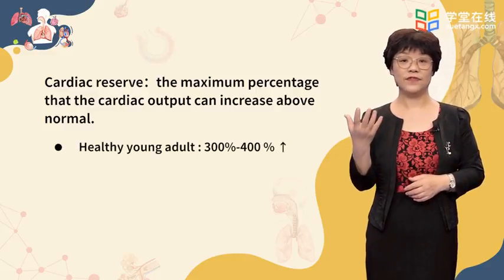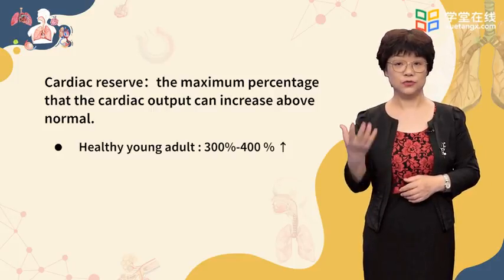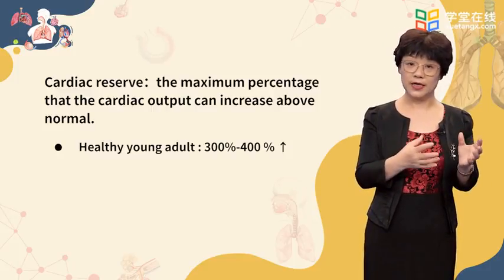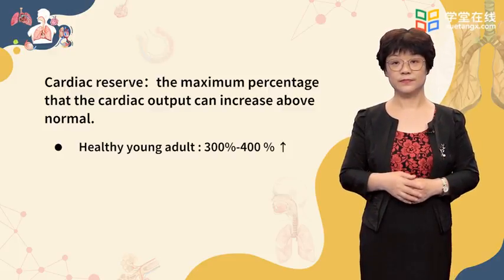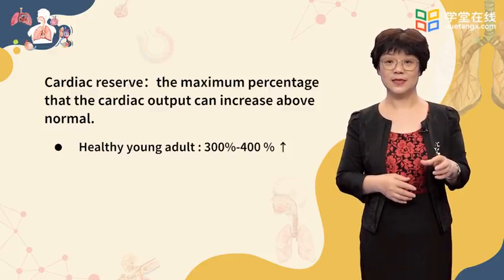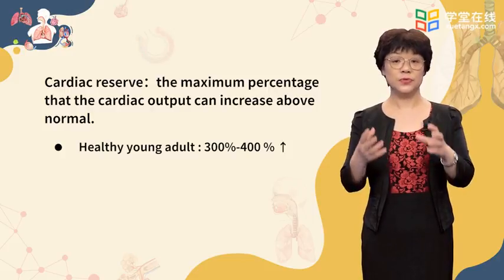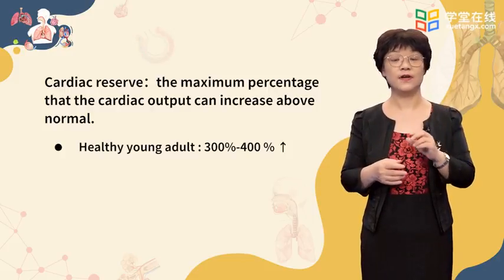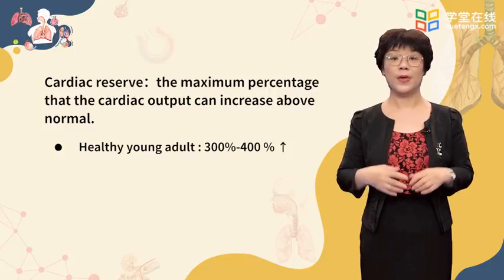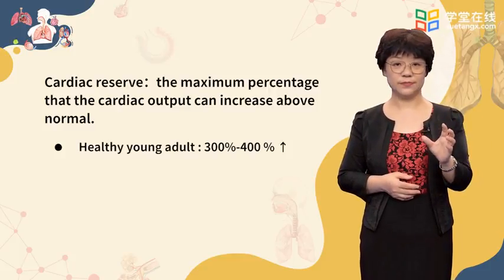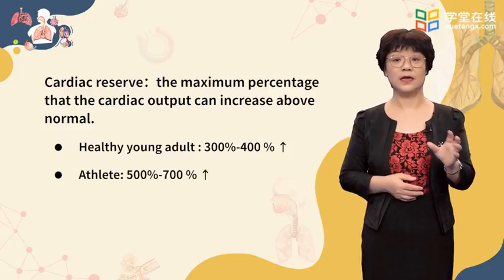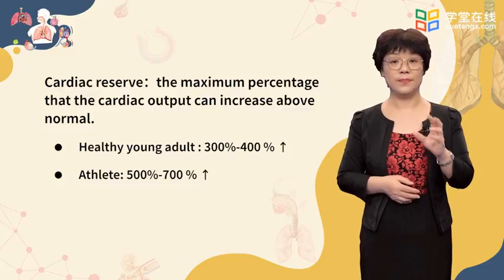In a young, healthy adult, cardiac reserve is typically 4 to 5 times the resting value. This means cardiac output can reach 20 to 25 liters per minute when needed. During competition, an athlete's cardiac output may reach 35 liters per minute.